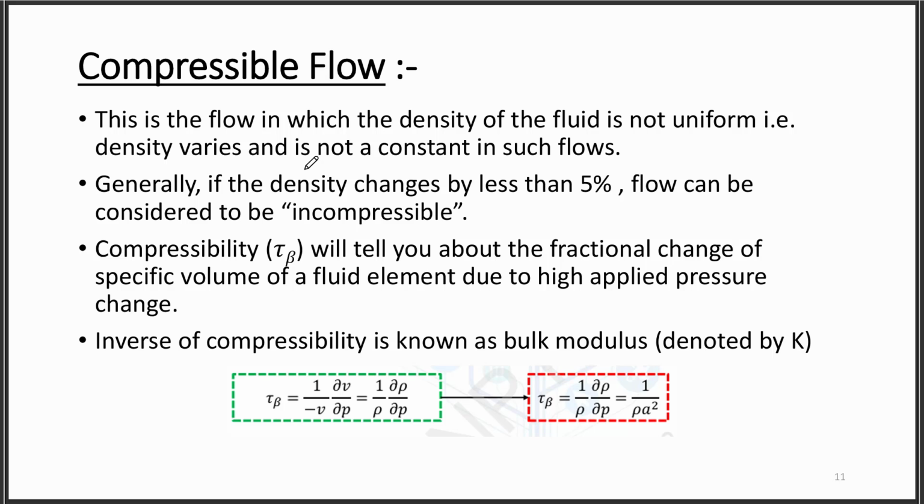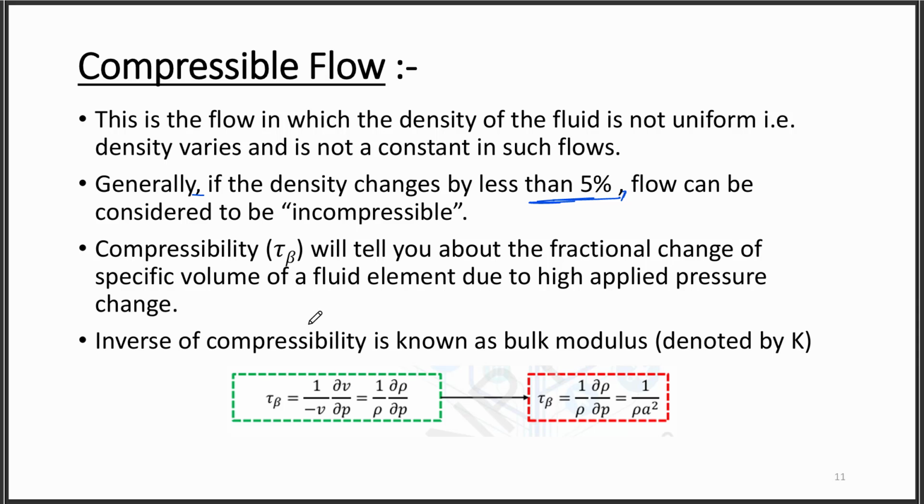It means density varies and it is not constant in such flows. Actually there is no fluid which does not compress, so in actual there is no incompressible flow in the world. But generally if density change is less than 5%, it is very low change in density, the flow can be considered to be incompressible.